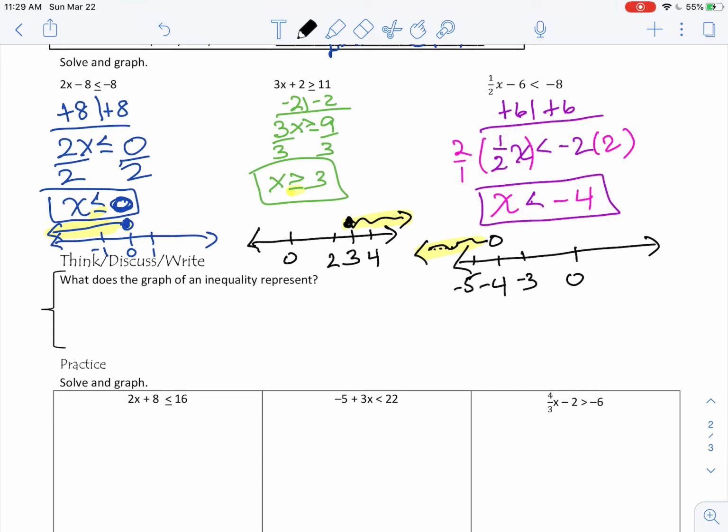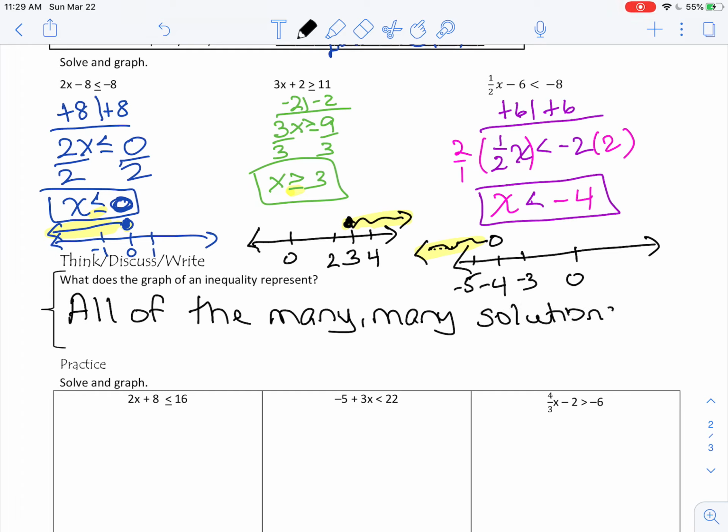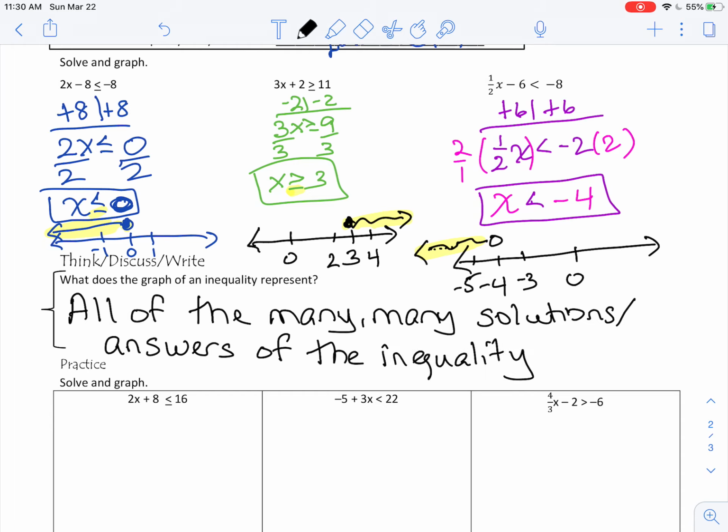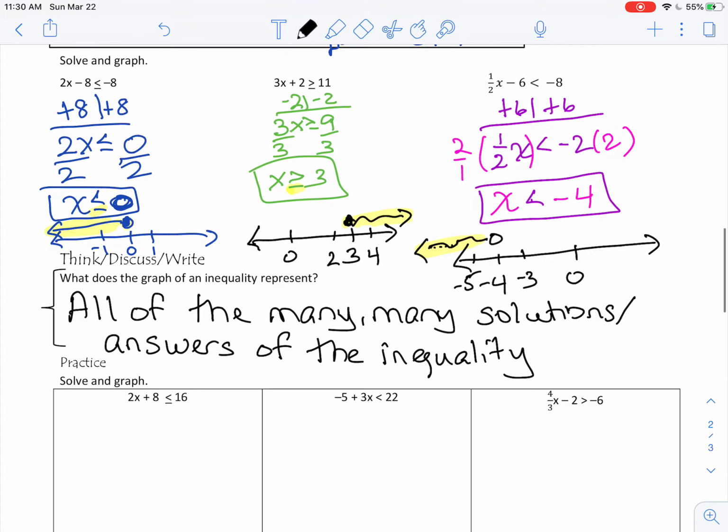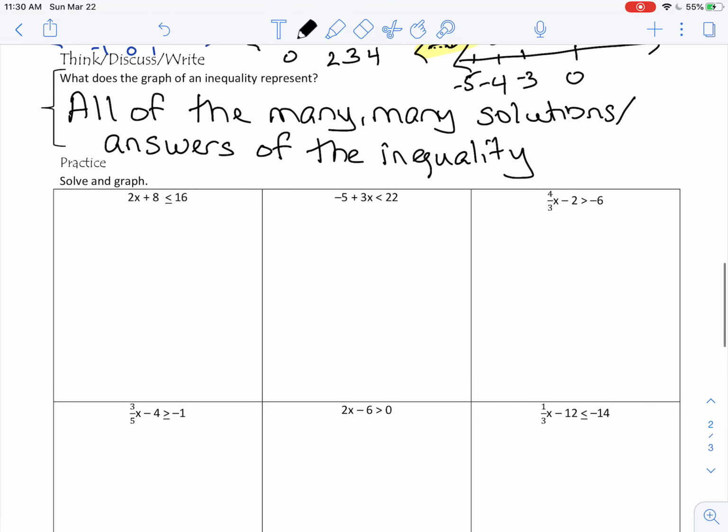So the graph of an inequality represents all of the many, many solutions, the many, many answers of the inequality. They represent every single number that makes that inequality true.